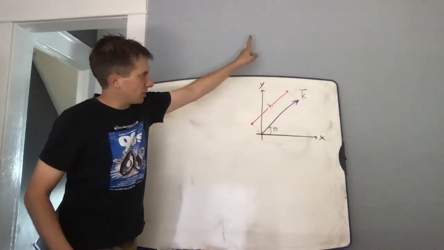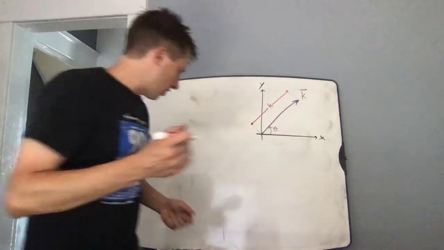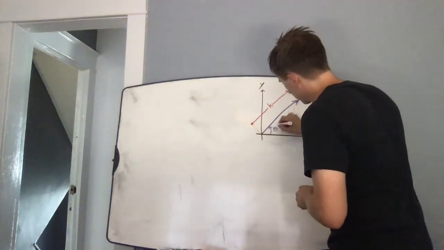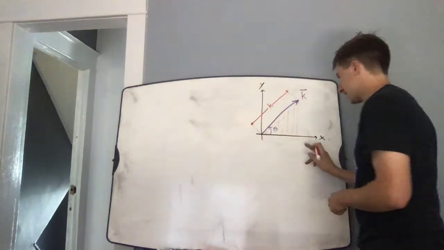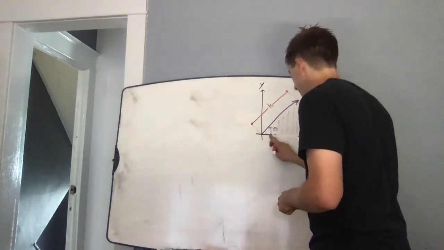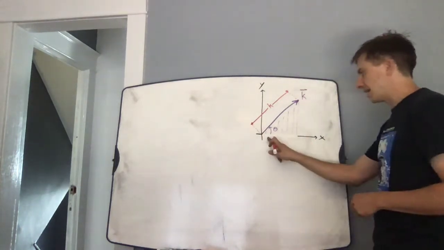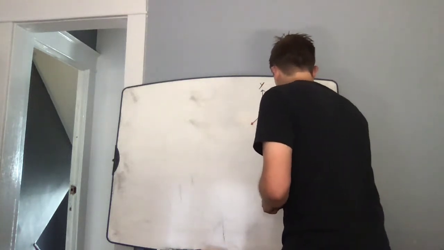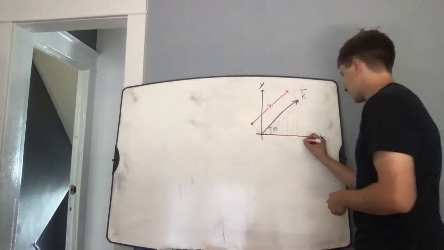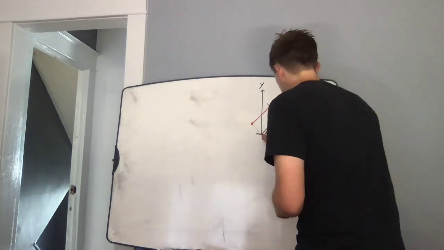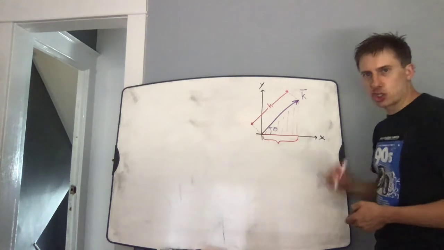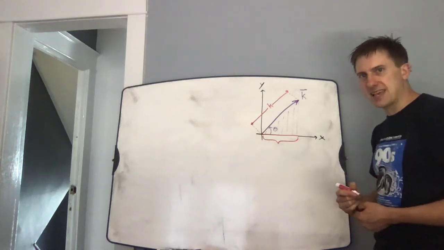And the light bulb is shining down. And when the light bulb shines down, this much of vector k will cover the x-axis. So this much of the x-axis is going to be in the shadow of vector k. So if this is the shadow of vector k from here to here, this is the projection of k onto the x-axis.